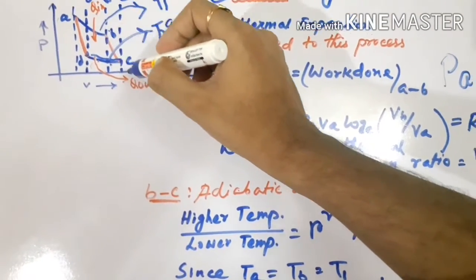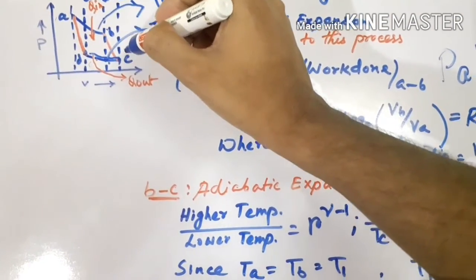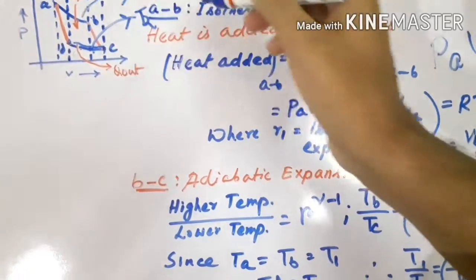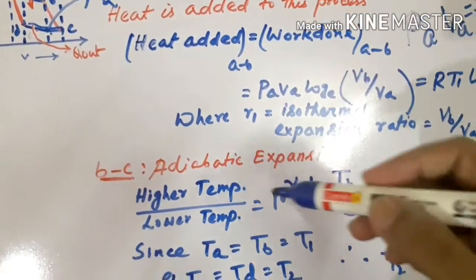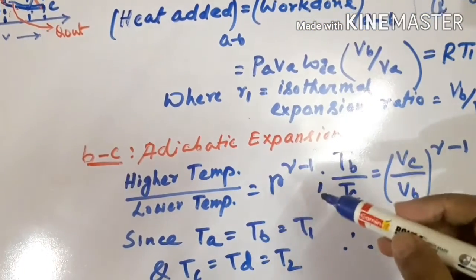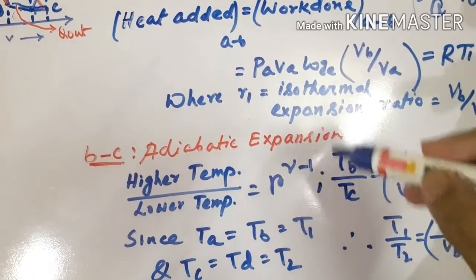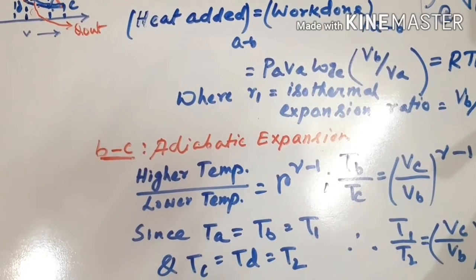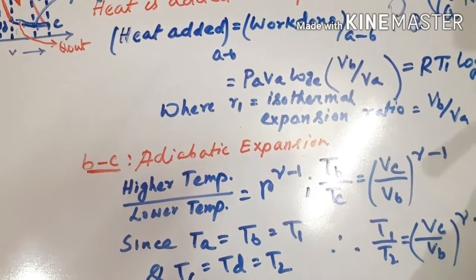From this curve we can see here that expansion takes place adiabatically. So, here we will be getting a relation like higher temperature by lower temperature is equal to R to the power gamma minus 1. This R is the adiabatic expansion ratio.